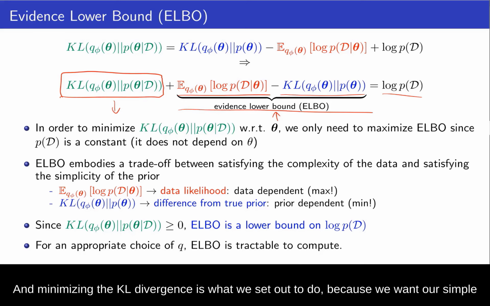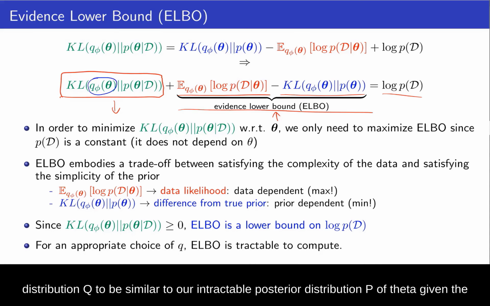And minimizing this KL divergence is what we set out to do, because we want our simple distribution Q to be similar to our intractable posterior distribution P of theta given the data.